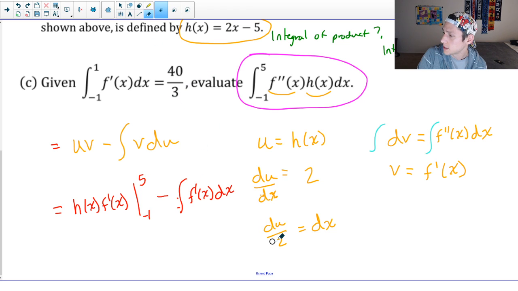But actually, I'll leave that 2 over here. Because when we're doing integration by parts, we're not substituting for dx, we're substituting for du. So du is equal to 2 dx. So this would be 2 dx. Make that a little prettier.